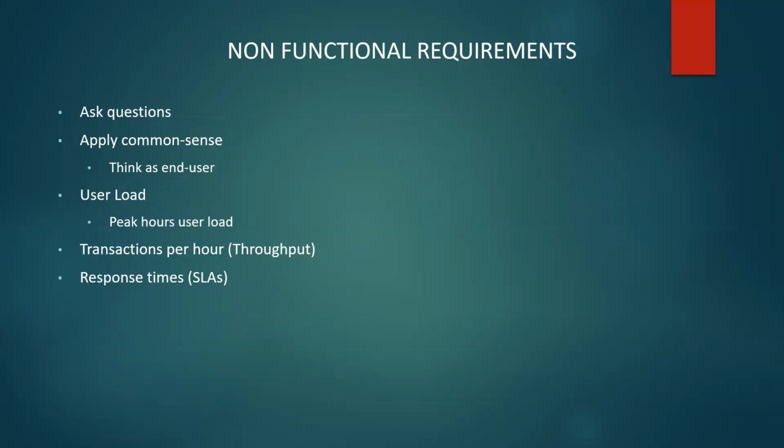Now, whenever you ask for user load, always check the peak user load. Okay, now let's say Flipkart has millions of users in India, and Amazon has millions of users across the globe. But are they going to do performance testing with that many users? The answer is no, right? So what we need to find is our peak user load.